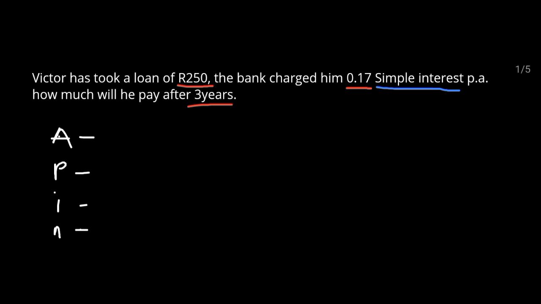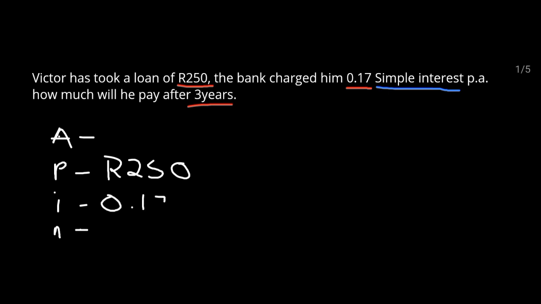From the first sentence, Victor has taken a loan of 250 rand. The bank has charged him 0.17 simple interest per annum. I already see where I'm given the P, the principal amount, the first amount, which is 250, because Victor took a loan of 250. Then the 0.17 simple interest is my interest rate.